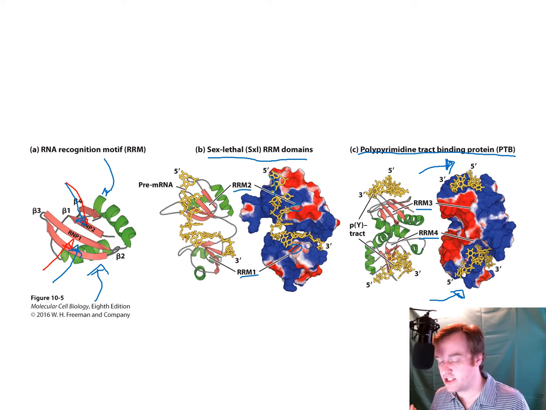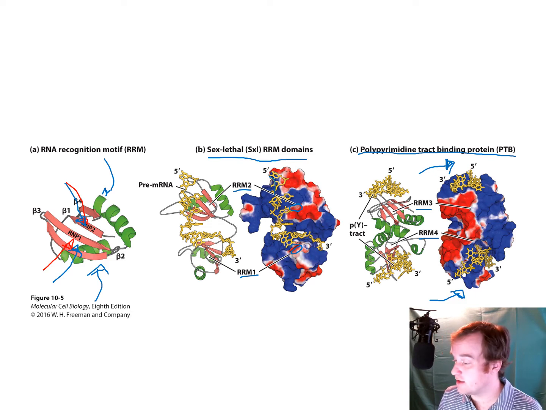The conformation is different depending on the hnRNP, or ribonucleoprotein. I've been using RNA and RNP kind of interchangeably here, but hnRNP stands for the ribonucleoprotein. So depending on which protein it is from this family, the RRMs can be in different orientations, either inward or outward, and they bind different mRNA.